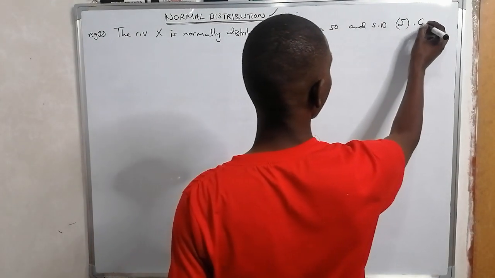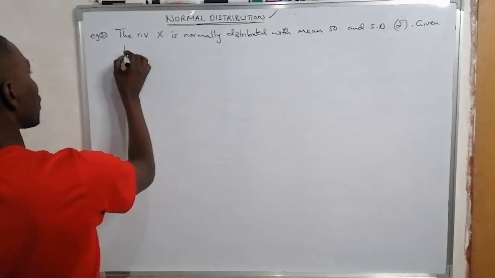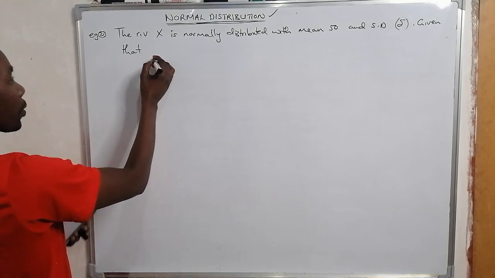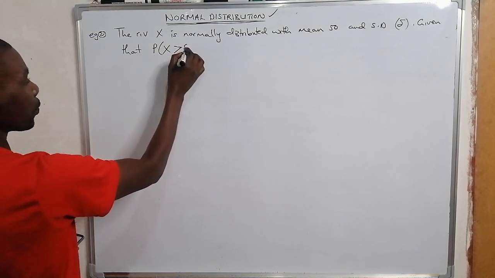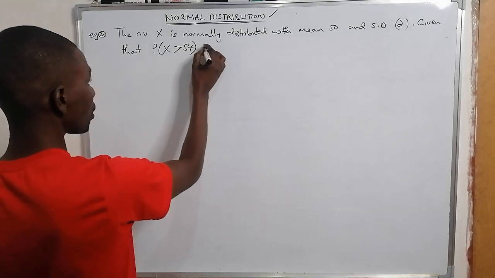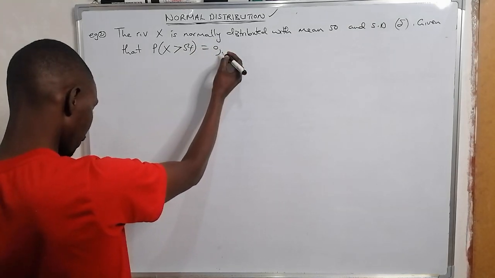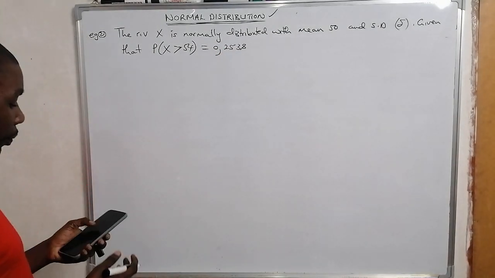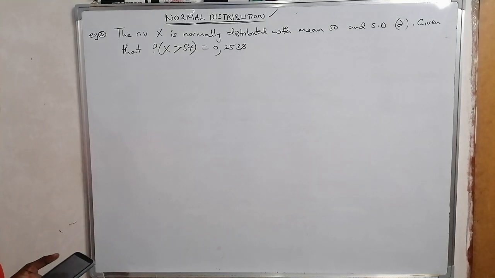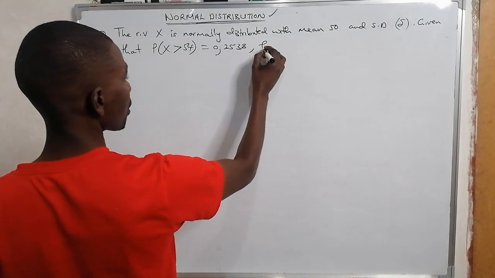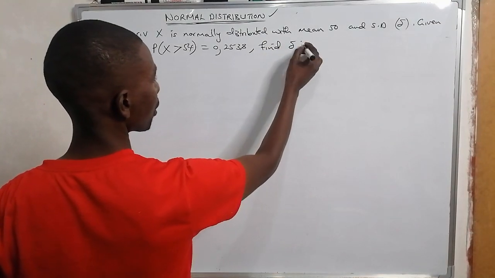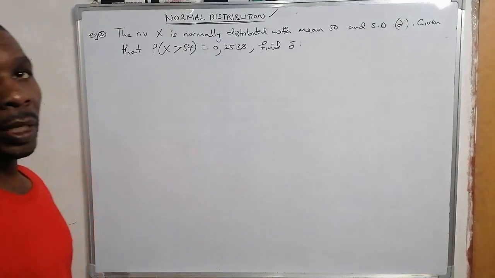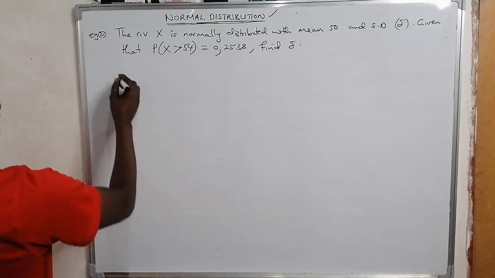Given that the probability of x greater than 54 is equal to 0.2538, find our sigma. You can also pause this video and attempt this question, then compare your answer with my solution.